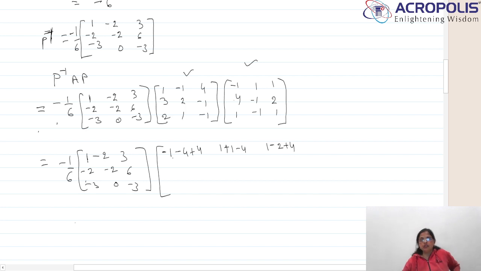So you already know this method, so we directly write the answer here. So here we get, if we solve this one, 4 2 6, and here we get third row first column, third row second column, third row third column, we get 1 2 3. So directly we write the answer here.